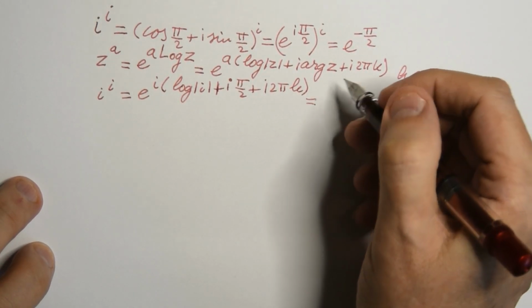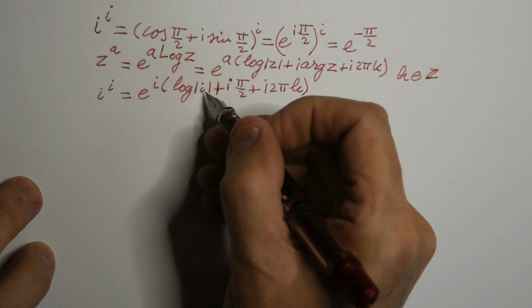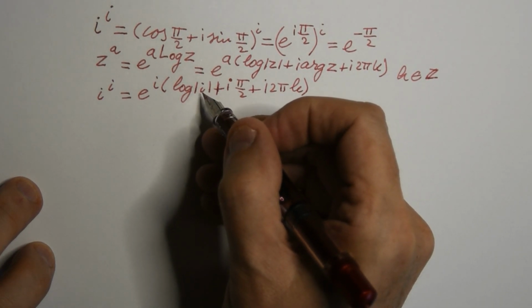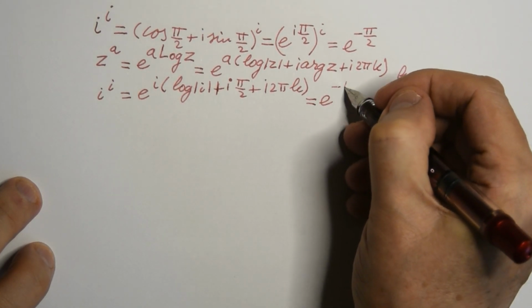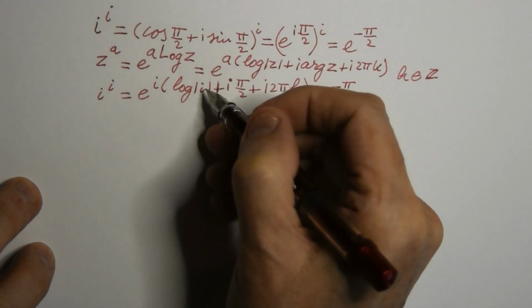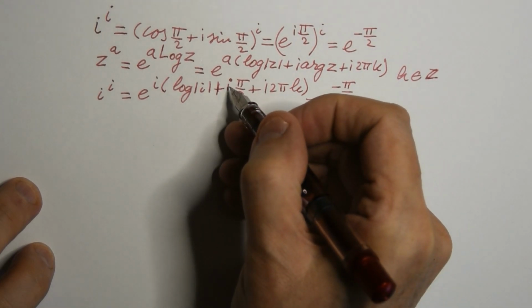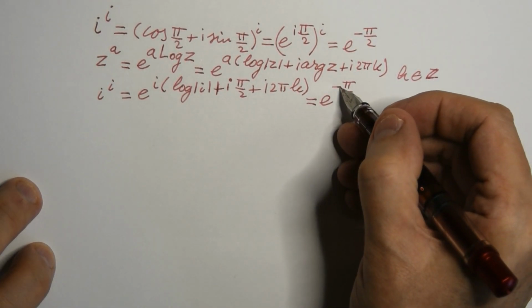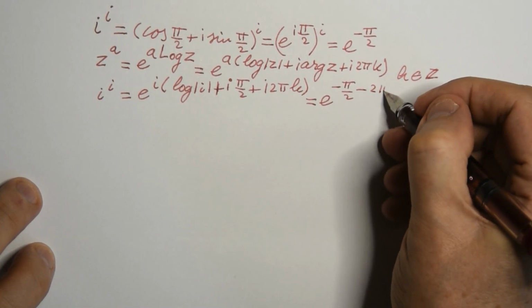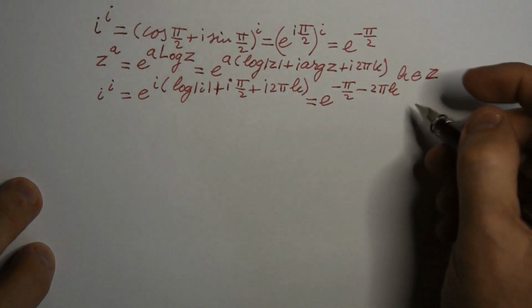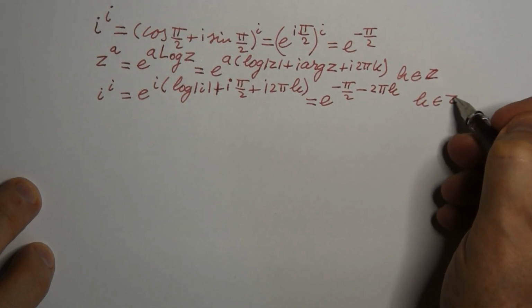The log of absolute value of i is the log of 1, which is 0, and you get again e to the power of minus pi over 2, because this is pi over 2 times i squared, which is minus 1, and then again you get minus 2 pi k, with k an element of Z.